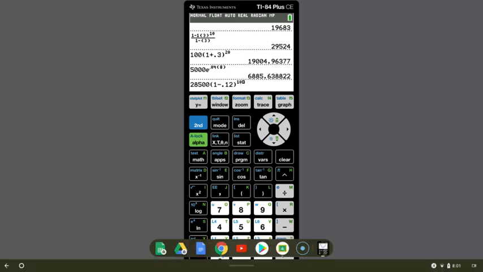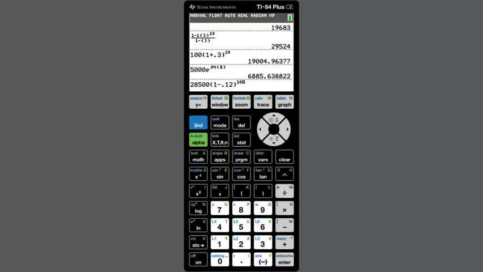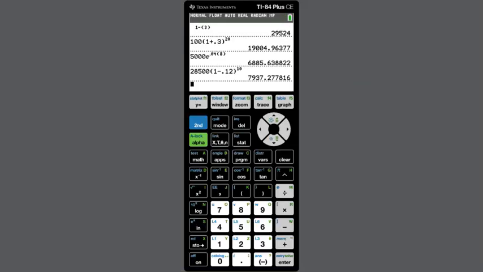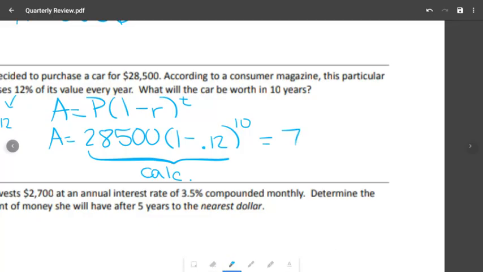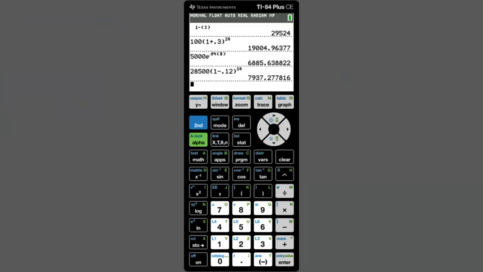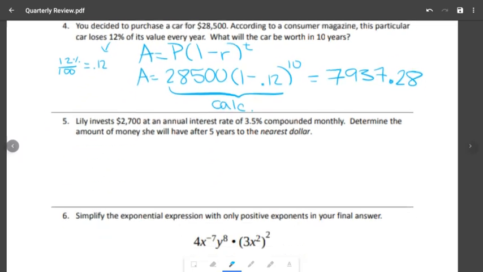I believe those were the numbers. It does not tell us where to round, so because this is dealing with money, 2 decimal places. So 7937.28. There is your answer.